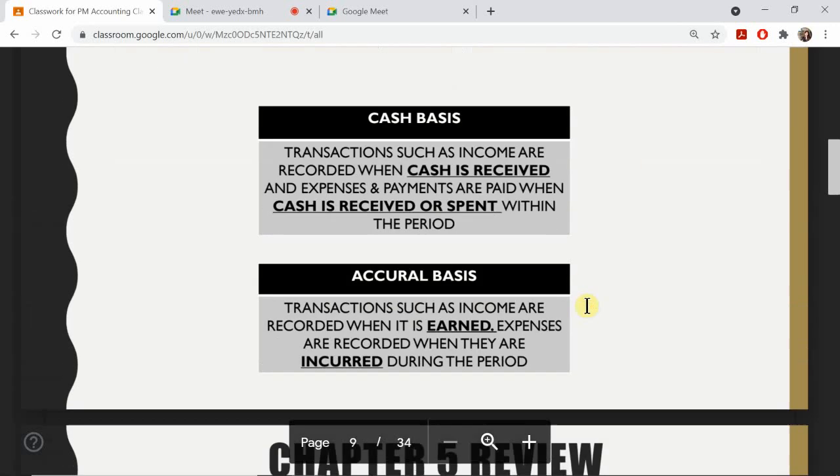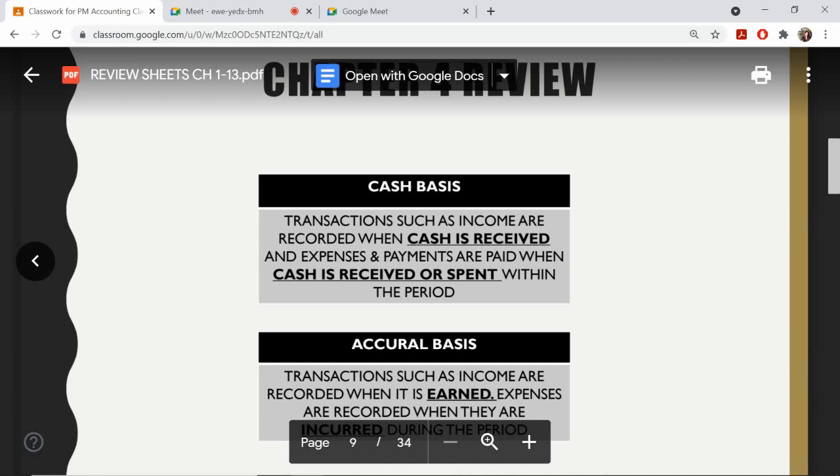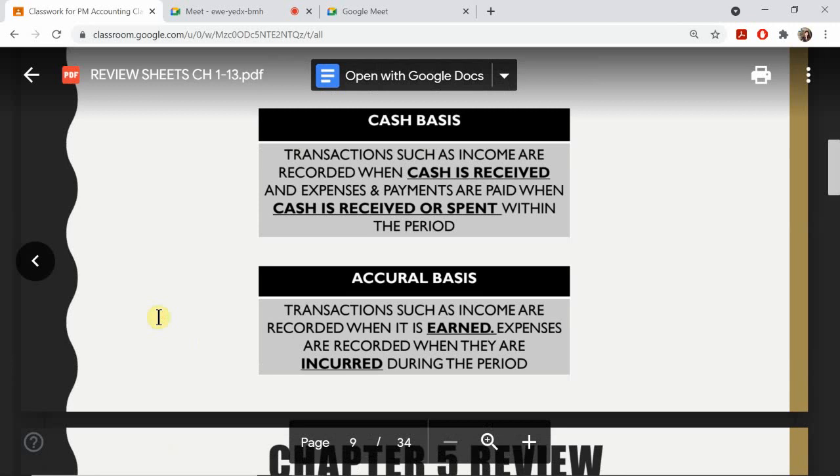And then last but not least, being able to determine the difference between a cash basis of accounting and an accrual basis of accounting. Cash basis is when you recognize revenues when cash is received, and you recognize expenses when cash is readily available to spend. If you need to, in chapter 4 there's an example of a cash basis versus accrual basis in a scenario that I've given.